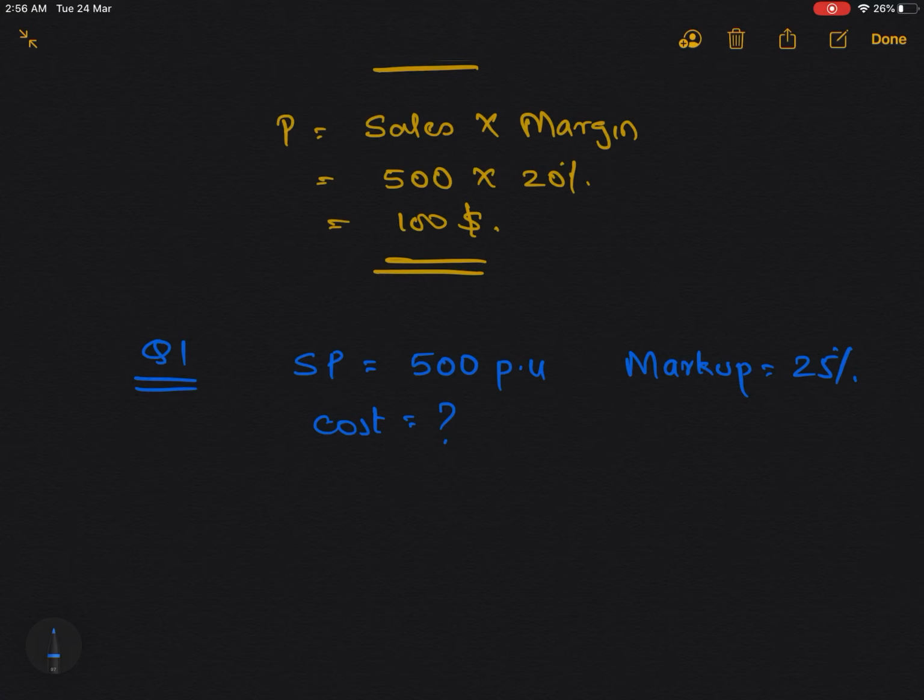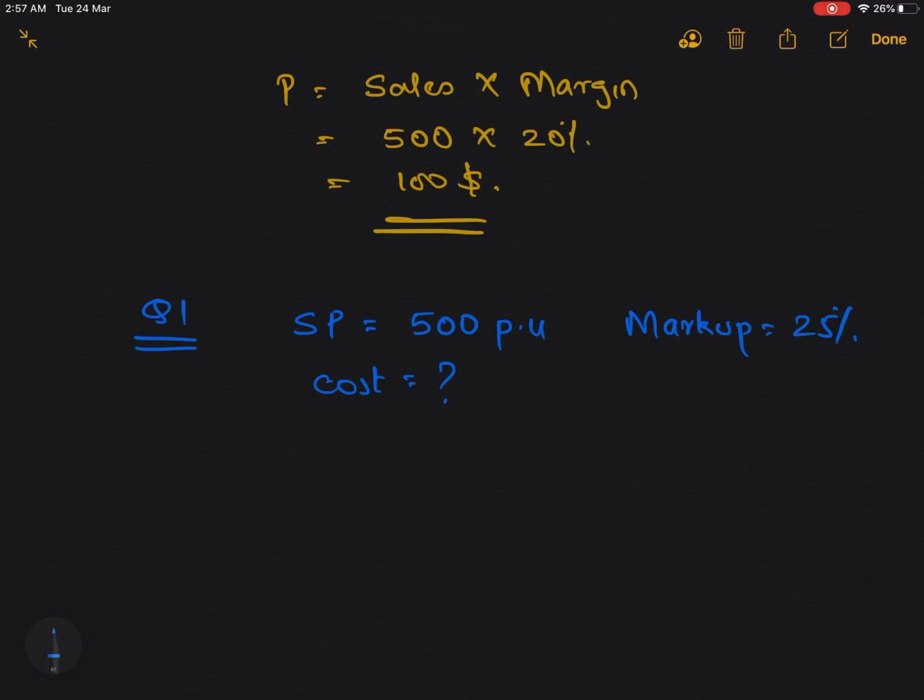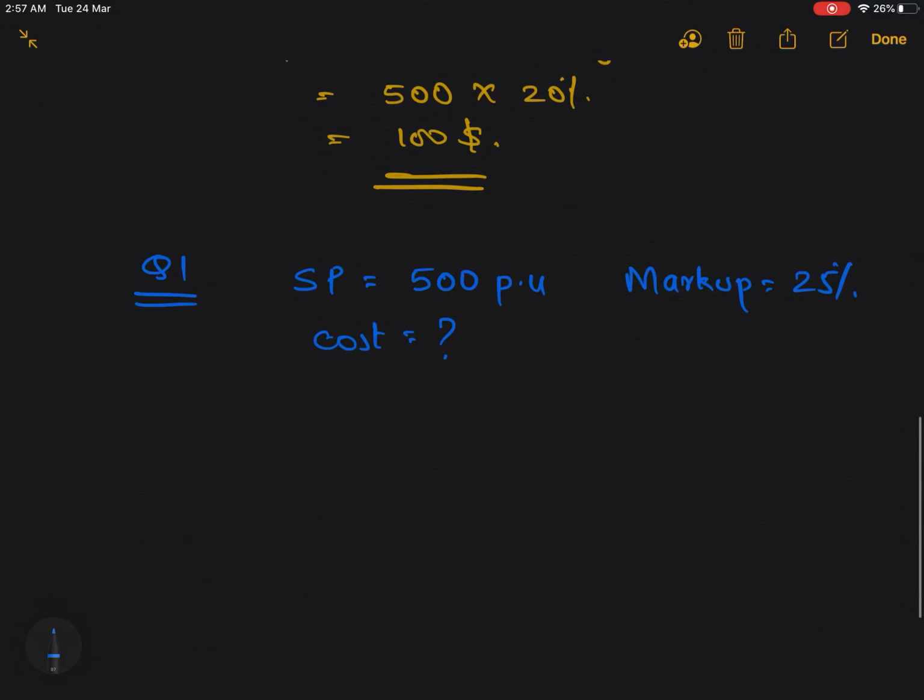Whenever we want to find out a solution to a problem, we must go to the root cause of it. So let us see what we know till now about this. We know that cost plus profit is equal to sale.